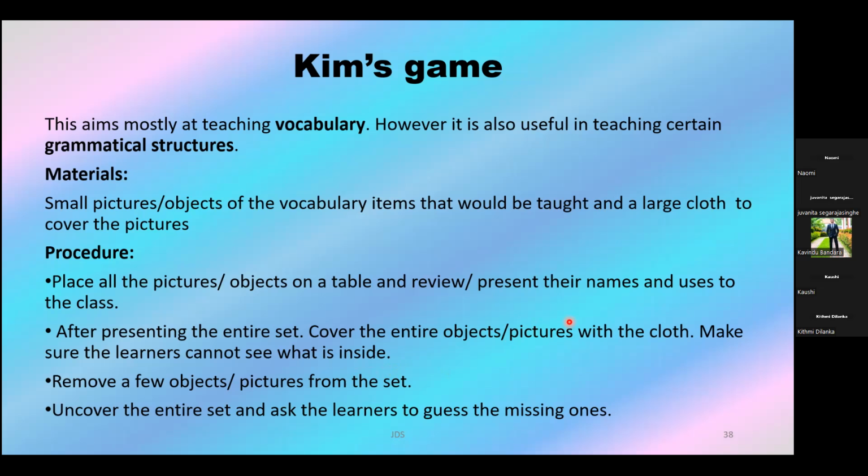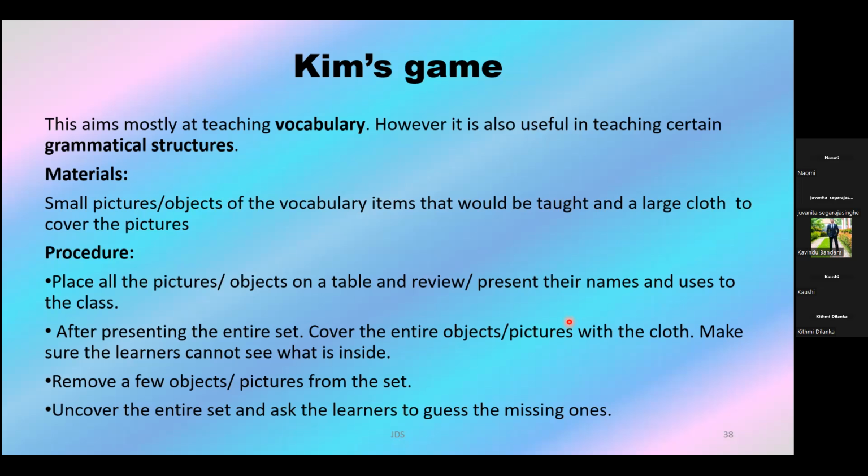And we need to uncover one by one. You can remove, or at one go you can remove 2 or 3 objects and make them guess what objects have been removed. You uncover and ask them, now tell me, what are the objects that are missing here on this table?